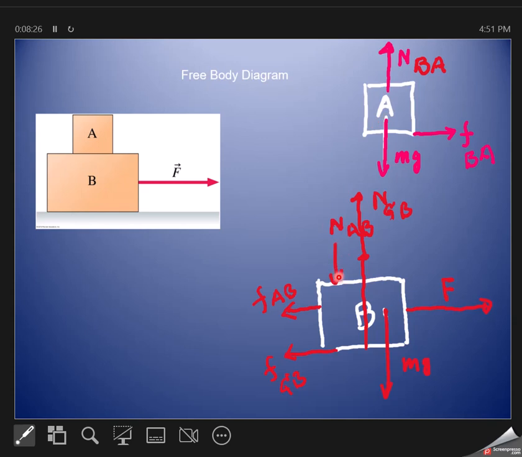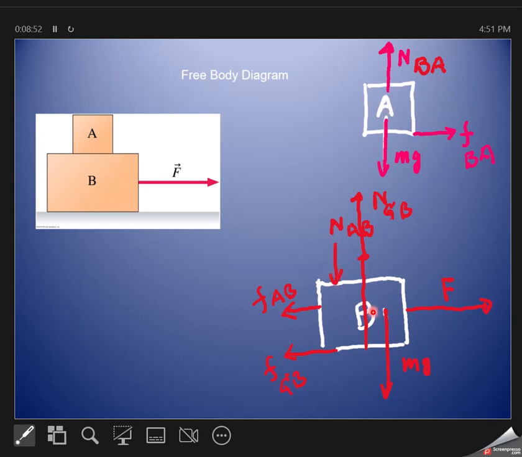Since this box is not moving in the vertical direction, the acceleration in the vertical direction must be 0. There are two forces applied downward: gravity, and the box on top pressing it.